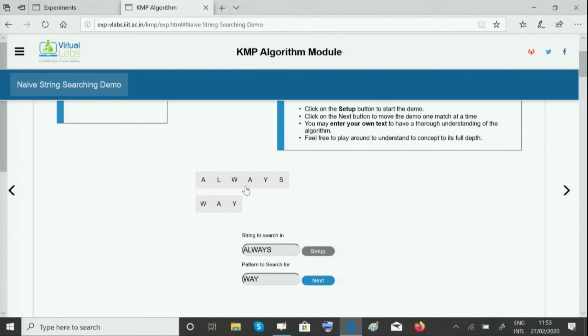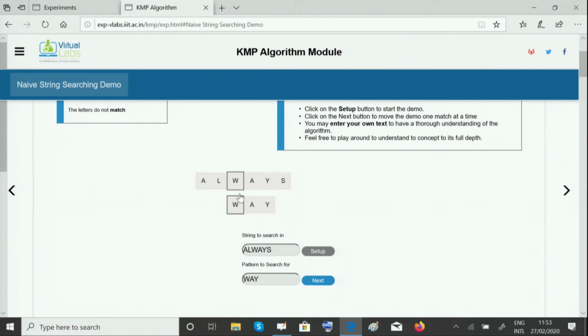We first start by matching W and A. We compare both of them and see that they do not match. Since they do not match, we move the needle one step ahead. Now we compare L and W. Since they don't match either, we again move one step ahead.